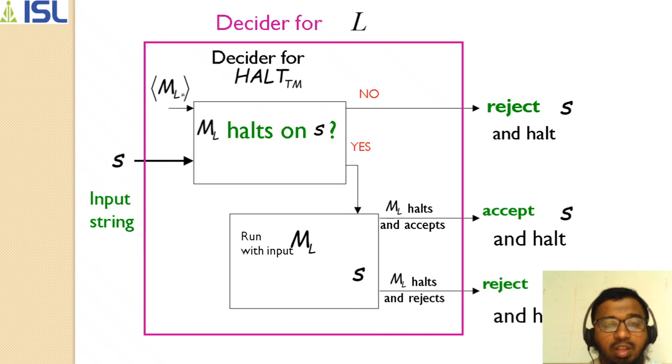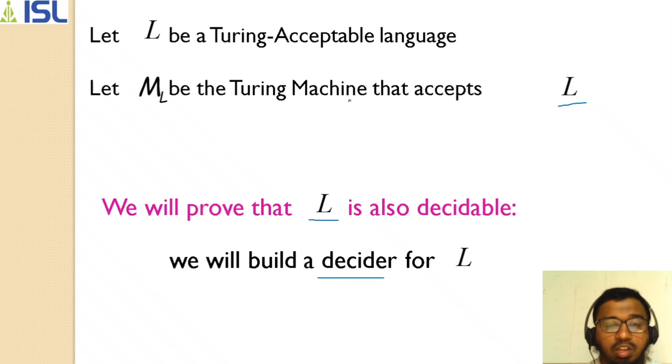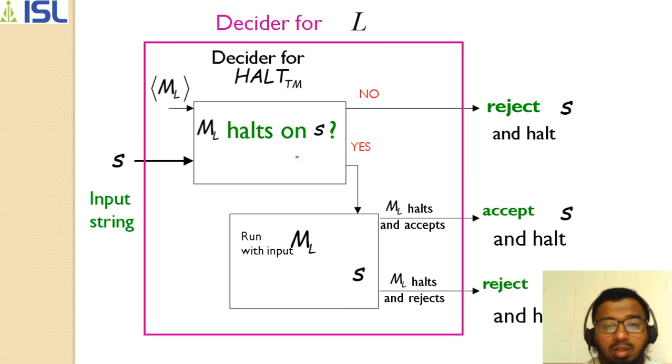Here the input string goes to the decider for HALT_TM: does M_L, the Turing machine accepting L, halt on S?